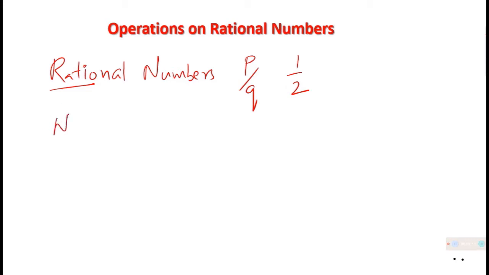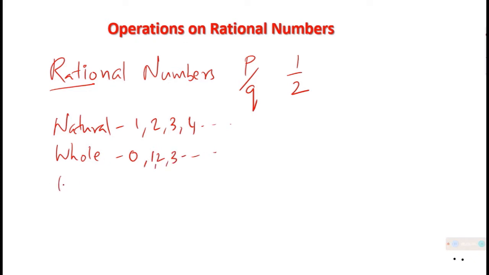You studied about natural numbers, 1, 2, 3, 4, which go on, and whole numbers where you had 0 at the beginning, then 1, 2, 3 continue. Then you studied about integers where you had negative numbers like negative 3, negative 2, negative 1, 0, then 1, 2, 3, 4. Here also it goes ahead.